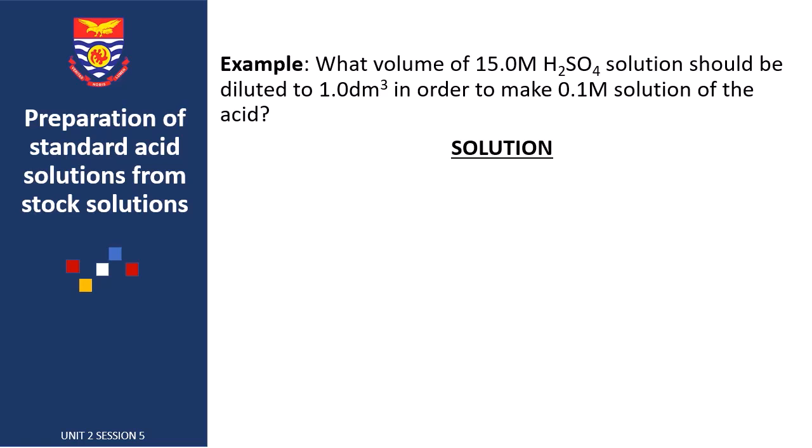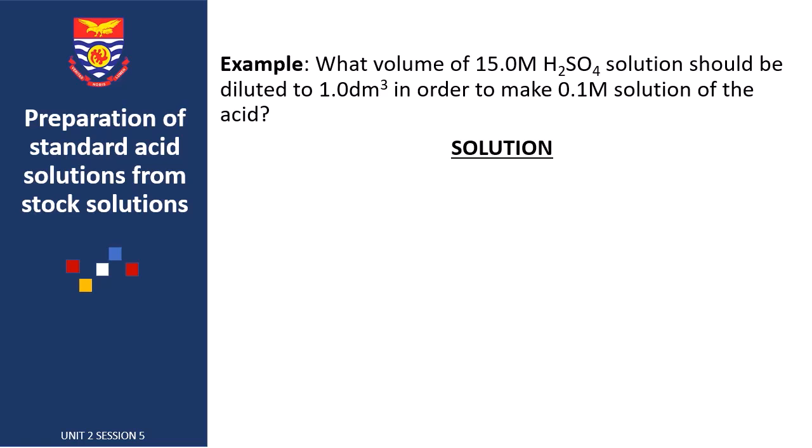what volume of this concentrated solution should he fetch such that when he or she dilutes or adds water to it to make 1.0 cubic decimeters, its concentration would be 0.1 molar of that solution.